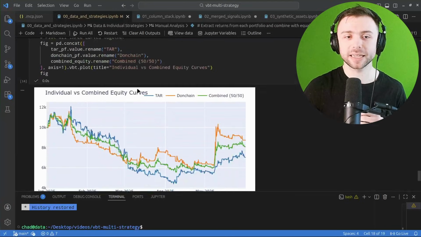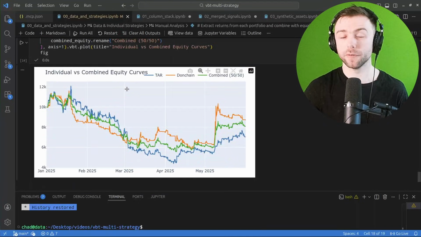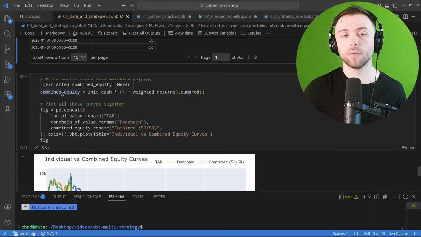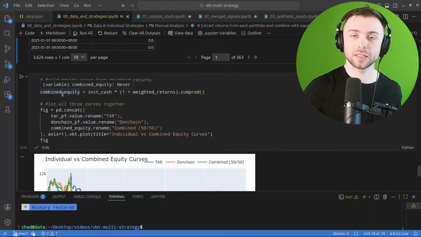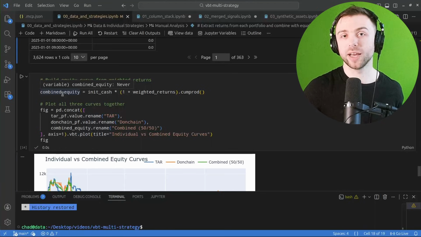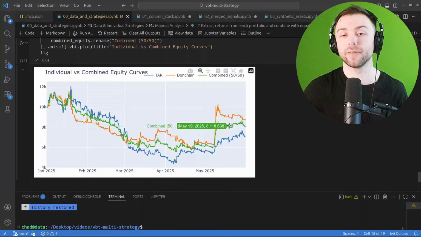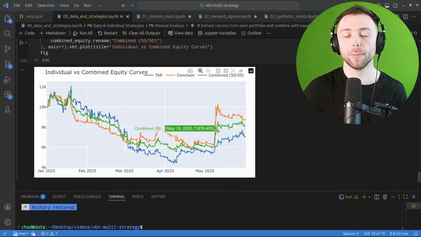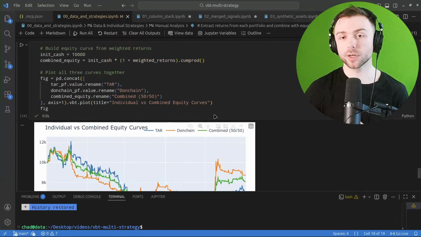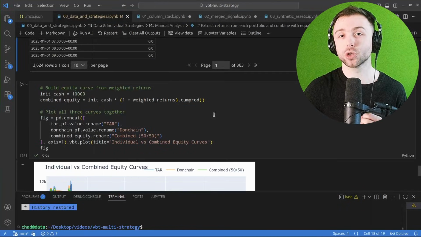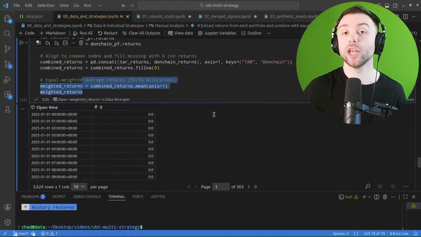Now, this can be good enough for a lot of different cases. Sometimes you can just pull these statistics out of each separately simulated portfolio object and combine them together to get a combined equity curve like we have here. So this one in the middle is the combined equity curve. And this works so long as your strategies are run genuinely separately.